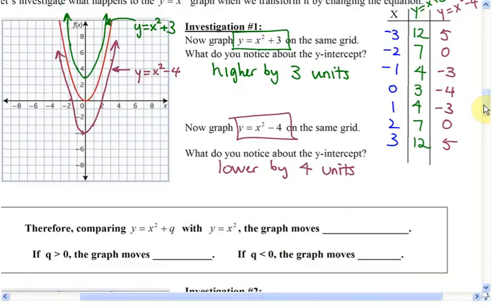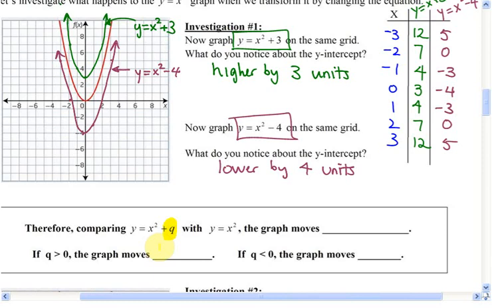So this is the first thing I'd like you to understand. If you were to compare y equals x squared, and notice I've used this thing called q to represent that extra number at the end, if I were to compare this graph with y equals x squared, which way does the graph move? Up or down?